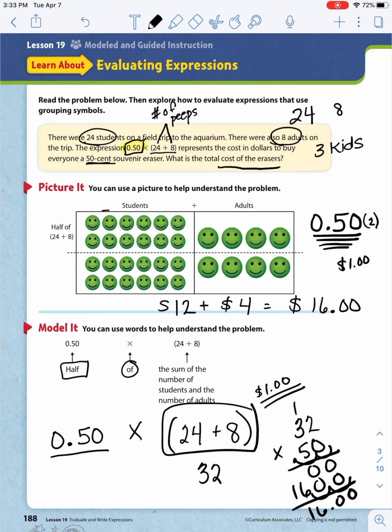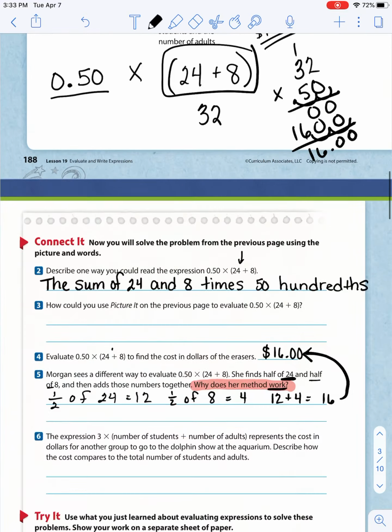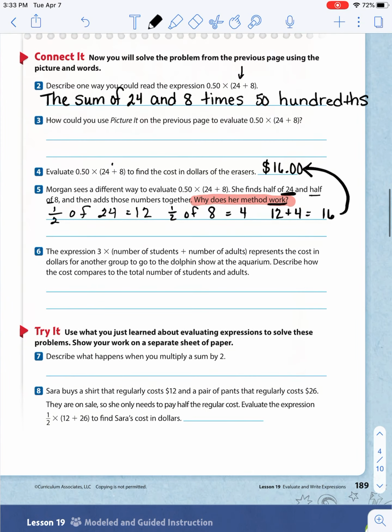Look at what they did here. And look at what they did here. If you totaled this up in money, that would be $16 if they were each $1. But they're not, they're 50 cents. If you did 24 plus 8, you would get 32.